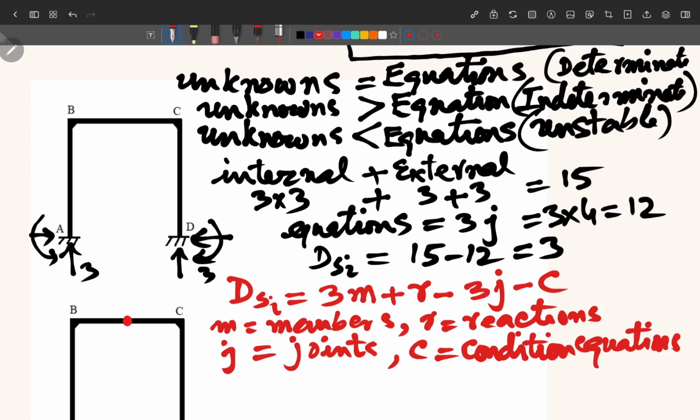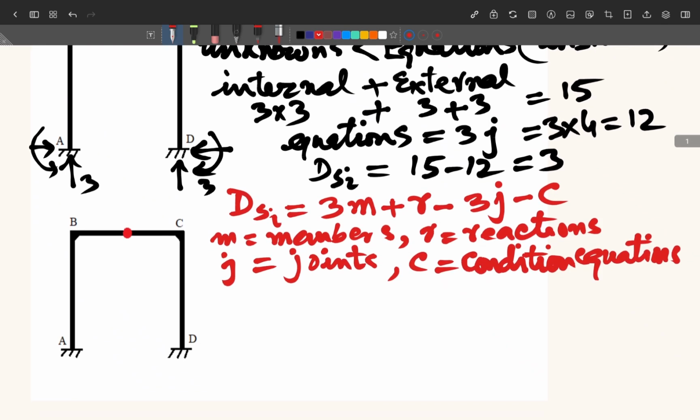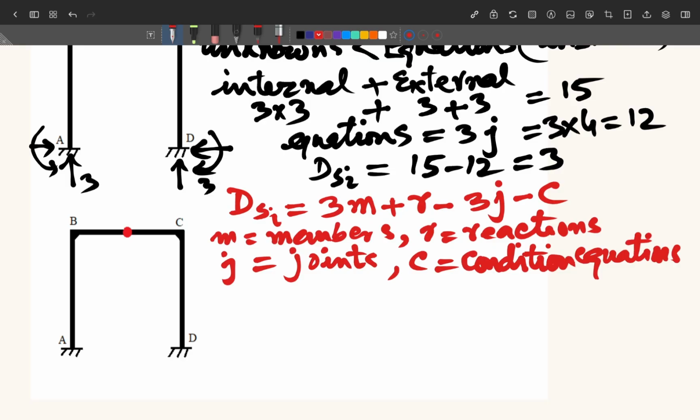Now we will solve some questions with this internal hinge, and then you will be able to understand all these things very clearly. If you see in this second example here, we can easily find out the reaction components, and you can see here that there is one internal hinge also.